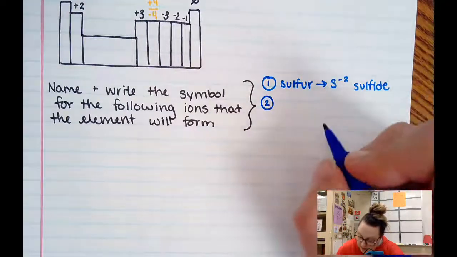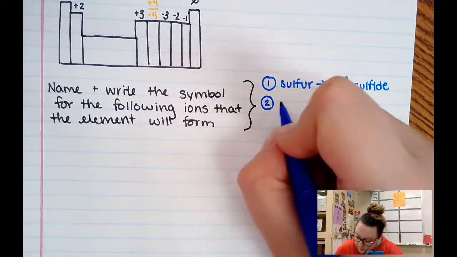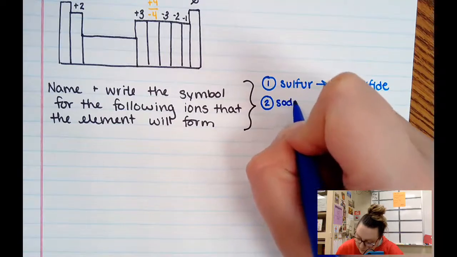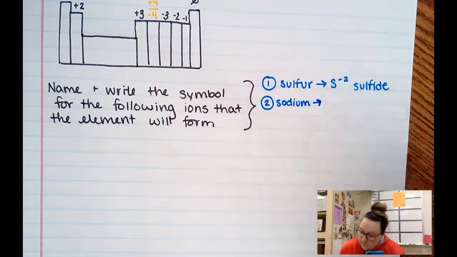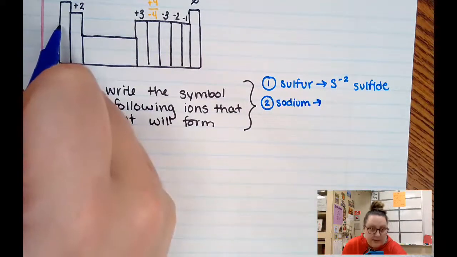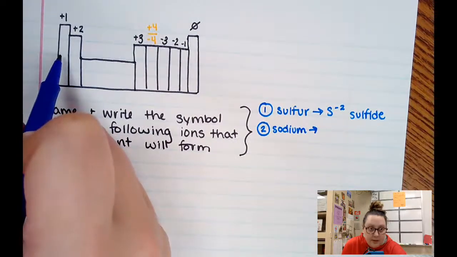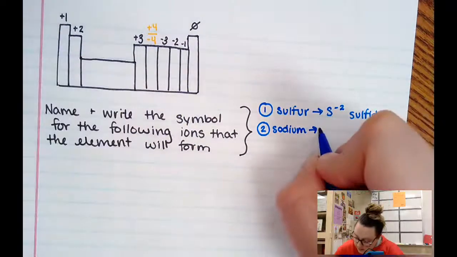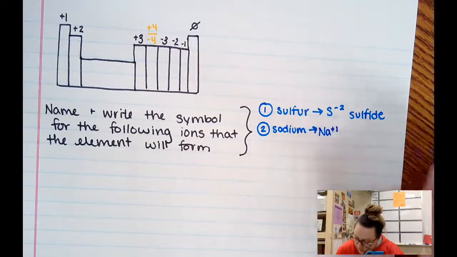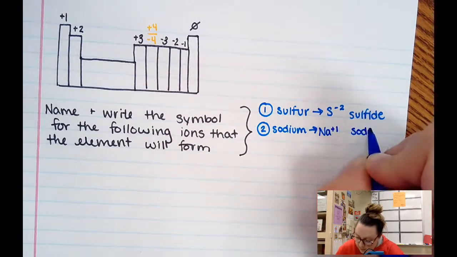What about sodium? Sodium is located over here. It will form a +1 ion, and that is sodium ion.